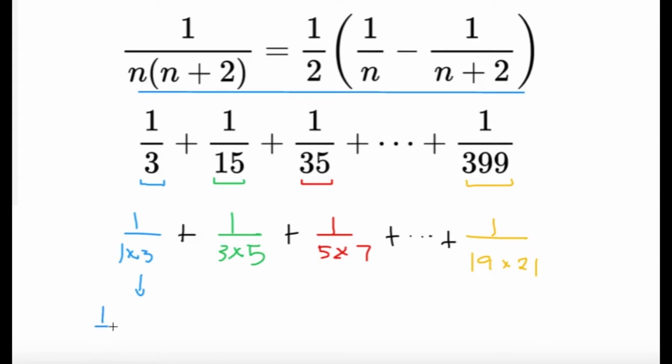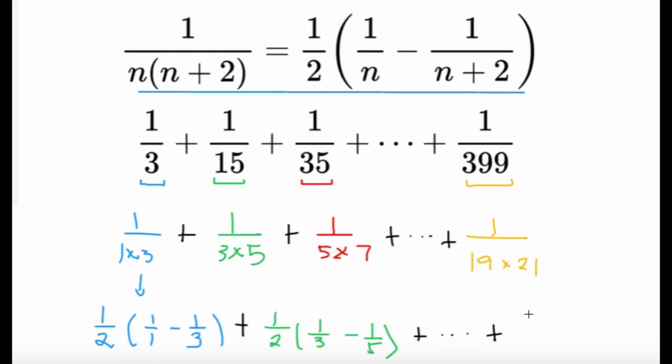So it's going to be 1/2 times 1 over 1 minus 1 over 3, and then plus 1/2 times 1 over 3 minus 1 over 5. We do the same for the 1 over 5 times 7 and the 1 over 19 times 21. And we're going to add stuff until the last term, being 1/2 times 1 over 19 minus 1 over 21.